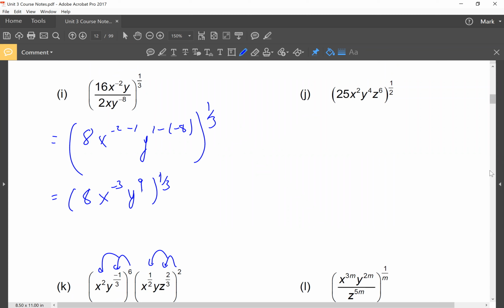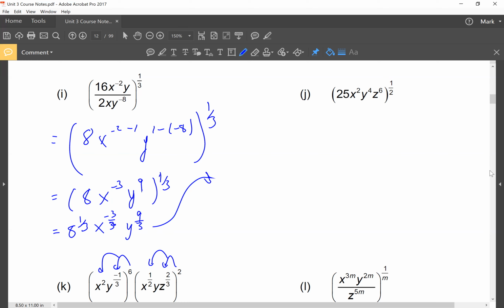So what this ends up being is 8 to the 1/3, which you can actually solve that. The cube root of 8 is 2, but I won't do that yet. X is going to be -3/3, and y is going to be 9/3.